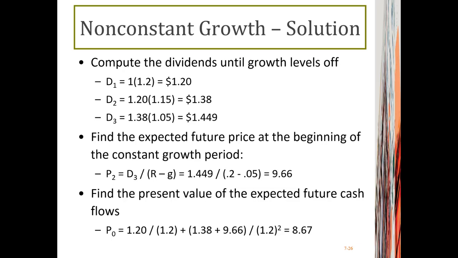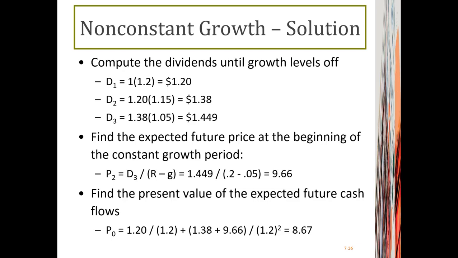So the first step here is to estimate the stock price at the end of the second year if we are going to sell the stock at the end of that time period. And this P2 equals D3 divided by R minus G, and here we are applying the constant growth model for the time periods beyond year 2, because beyond year 2 the company is going to have a constant growth rate.